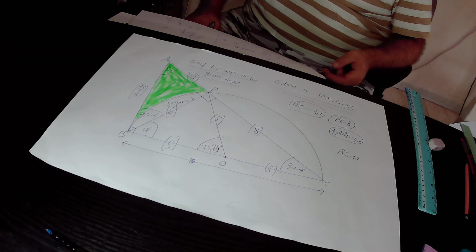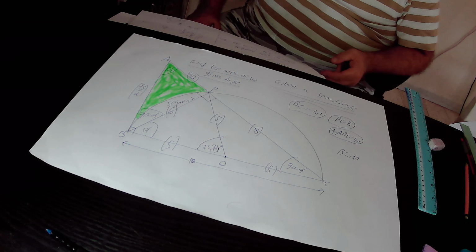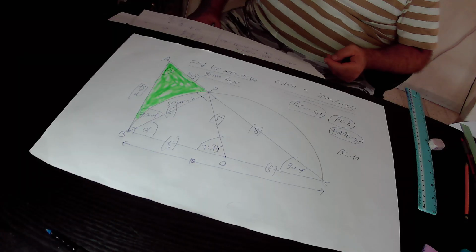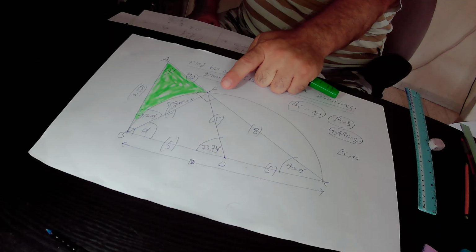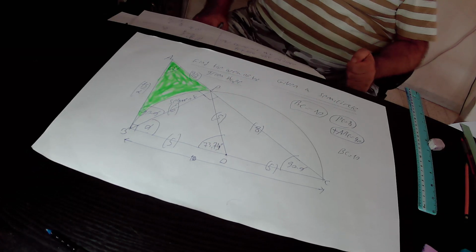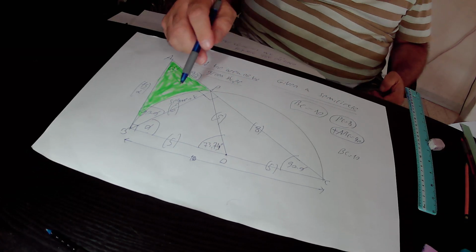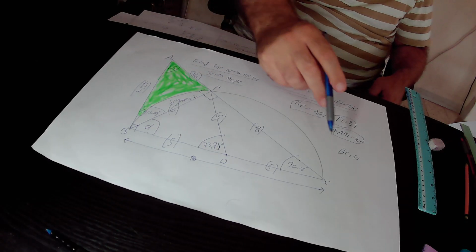So, first of all, we join points B and P together by a straight line. By joining points P and B, we create the right triangle BPC. By joining points B and P together, we create the peripheral angle BPC.